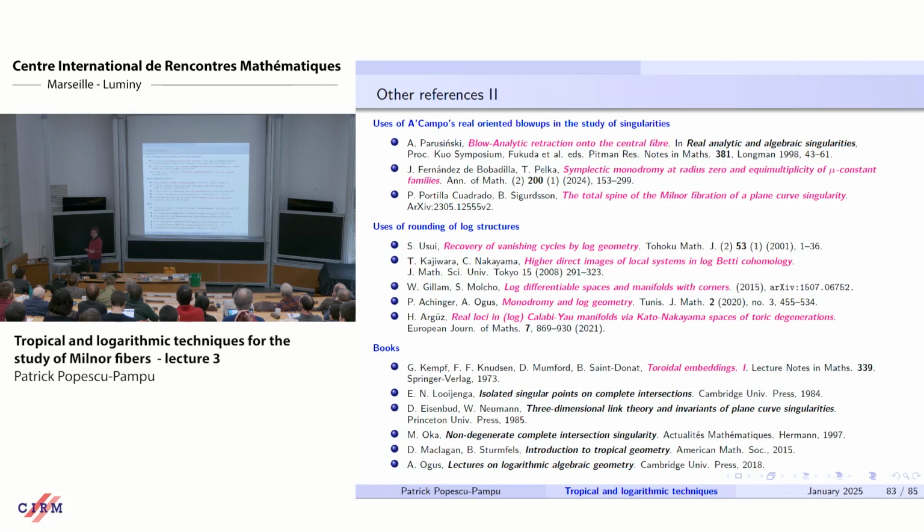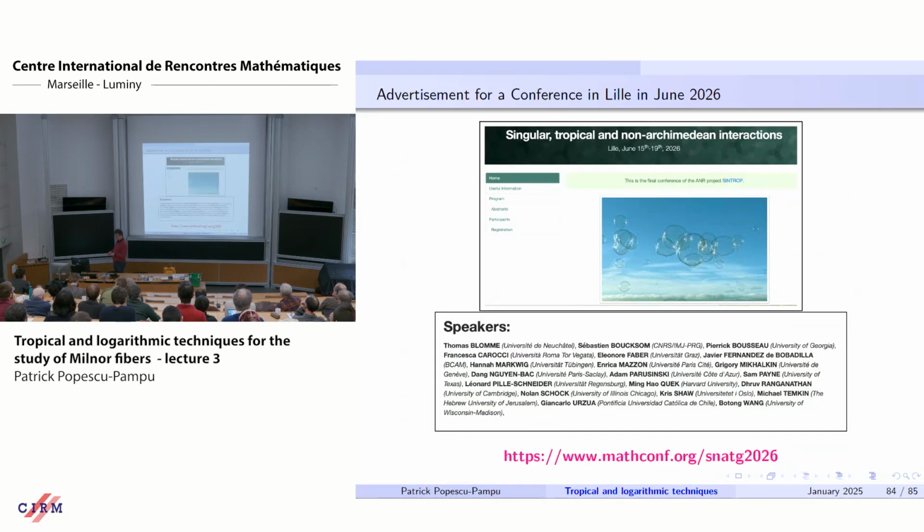Eisenbud-Neumann was a book which presented for the first time in a detailed way applications of splice diagrams to the study of singularities. Oka is a book about Newton non-degeneracy. Maclagan-Sturmfels, the first textbook on tropicalization, the global one, and Ogus, the first textbook of log geometry. So from this, you can then navigate according to your interests.